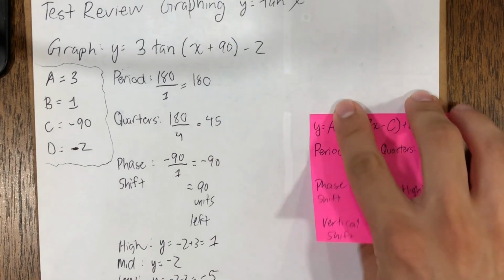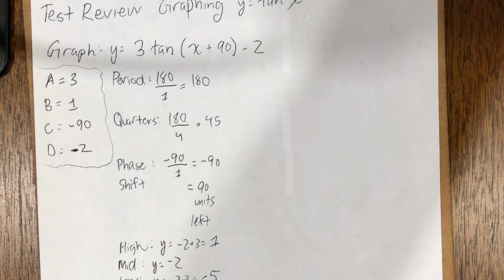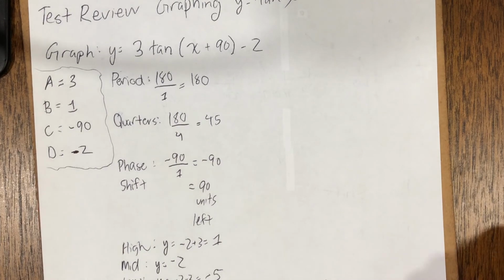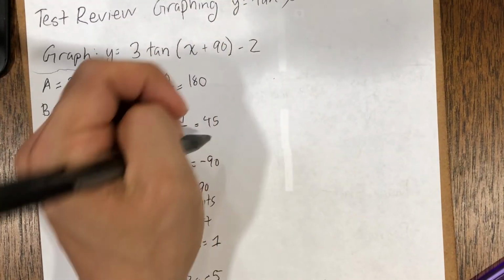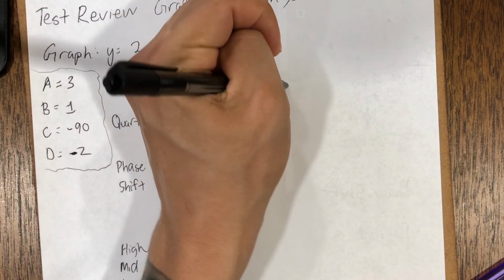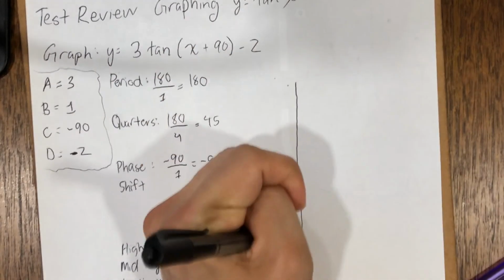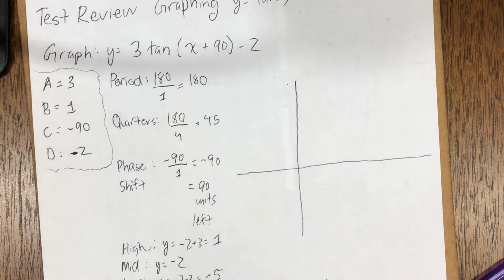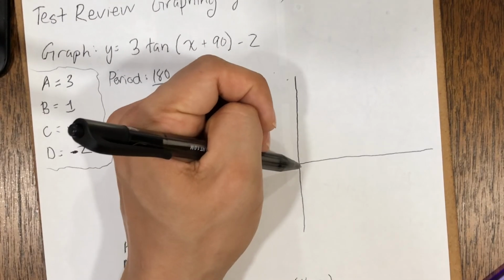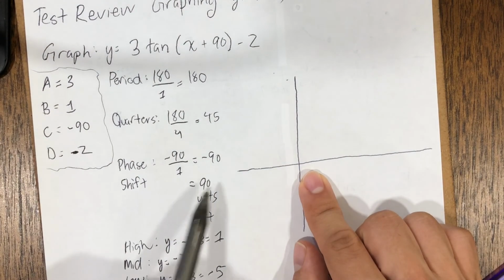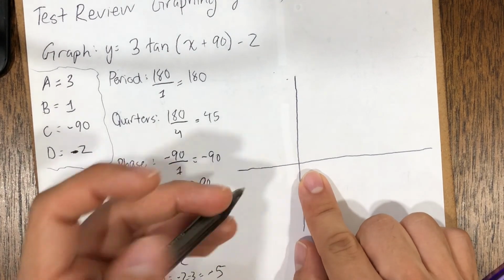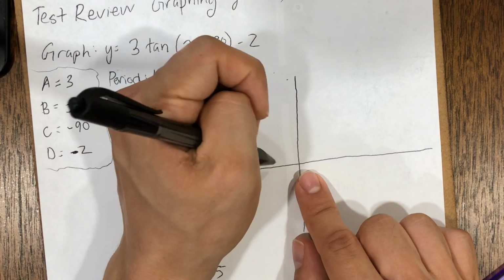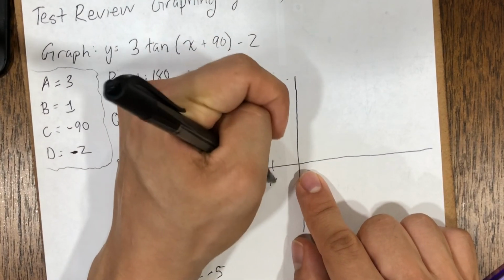Now I'm going to go ahead and make my graph. I'm going to use another color. Usually with the graph, we always start at 0, 0. However, we do have a phase shift going 90 units to the left, so my starting point is going to be negative 90.